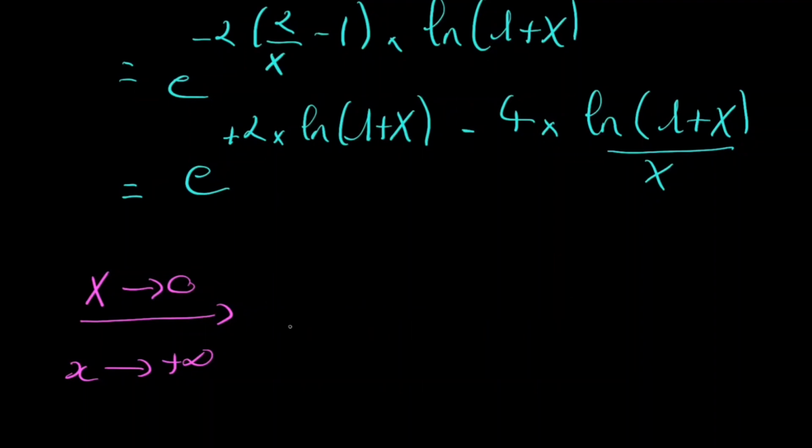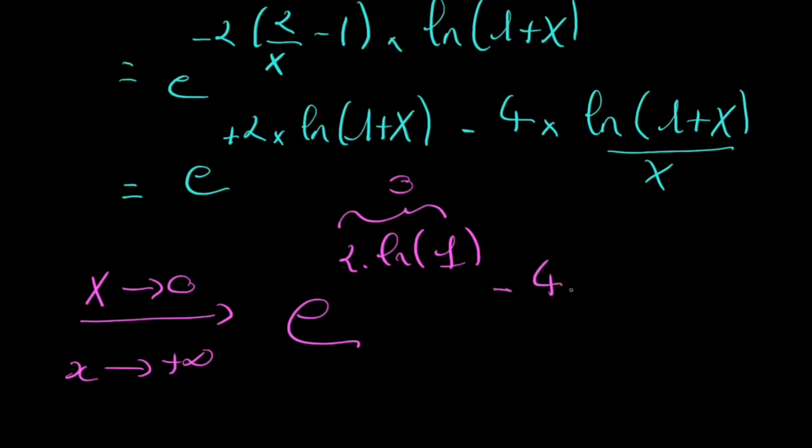It is equal to exponential of 2 plus 2 times ln of 1, so 2 times ln of 1, which is 0, minus 4 times, and we said that this limit is equal to 1, 4 times 1.